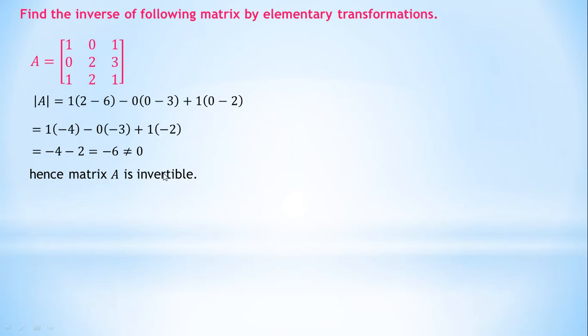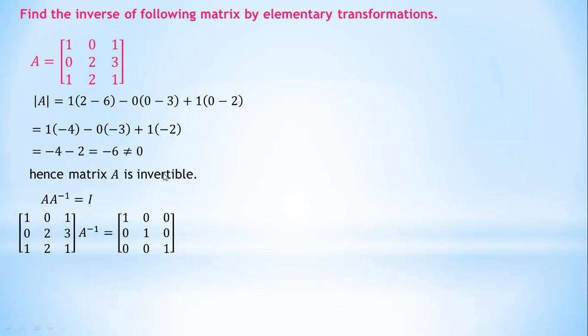If you want to use row transformations, then we have to choose the equation A into A inverse is equal to I. So write the equation in matrix form like this: A inverse as it is, matrix A is given, and on the right hand side the identity matrix of order 3. Now by our procedure we have to transform the given matrix into the identity matrix.